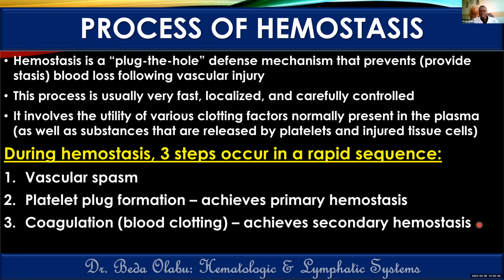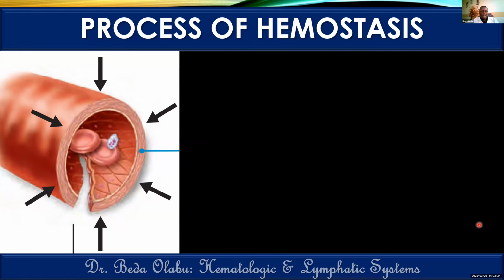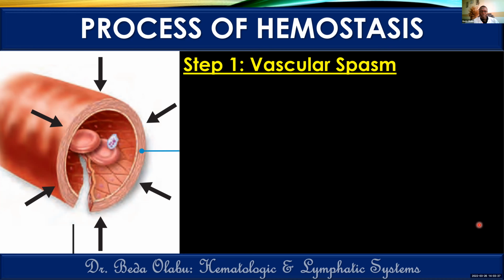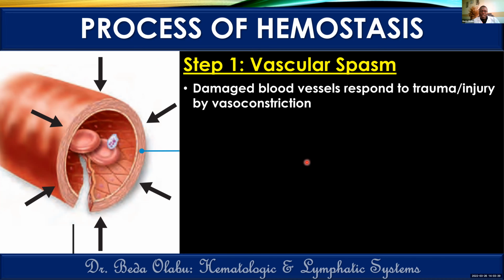So let's look at these 3 steps one by one. Let's start with the first step, vascular spasm. If a blood vessel is damaged, either by trauma, usually the blood vessel will respond by vasoconstriction.